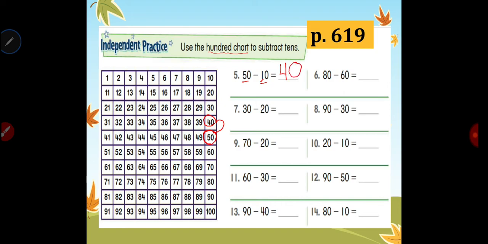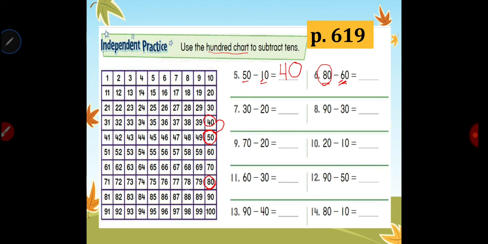Number 6. Let's answer number 6. We have 80 minus 60 is equals blank. Now, let's find 80 first. So circle 80. Very good. And then, how many tens are there in 60? We have 6.